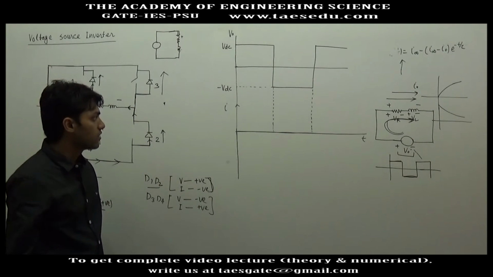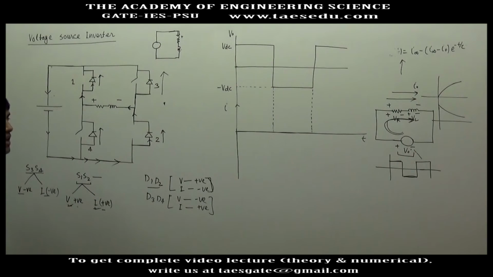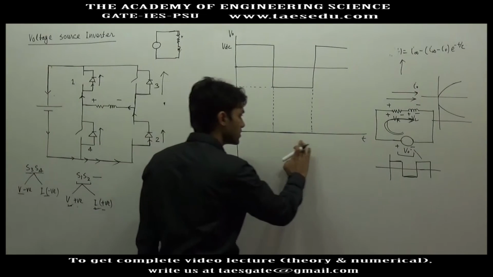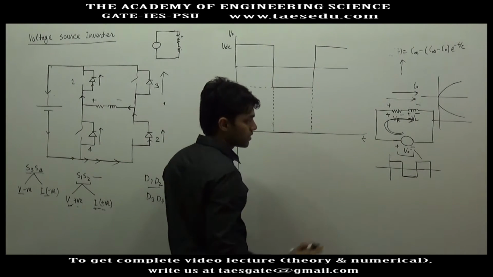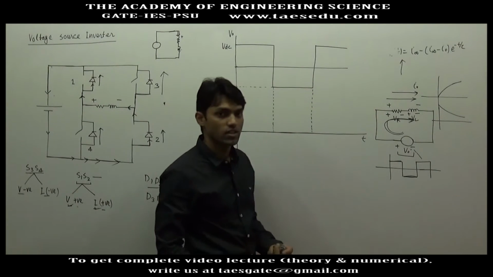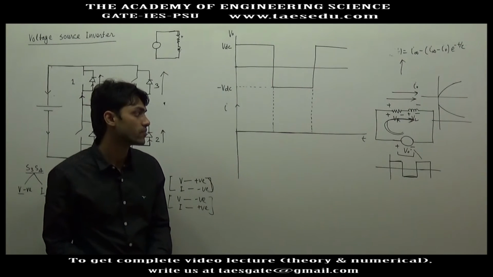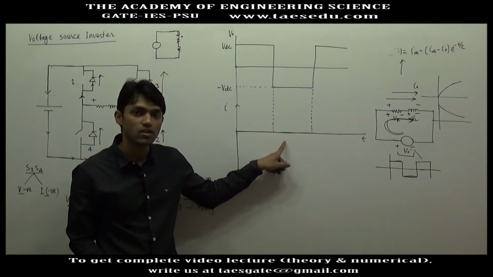Okay, so now we have information about the average value of current. The average value of current is 0, and it is also very easy to observe that current will not always be 0. Current will have some positive value, current will have some negative value, and you have to maintain the average value constant.